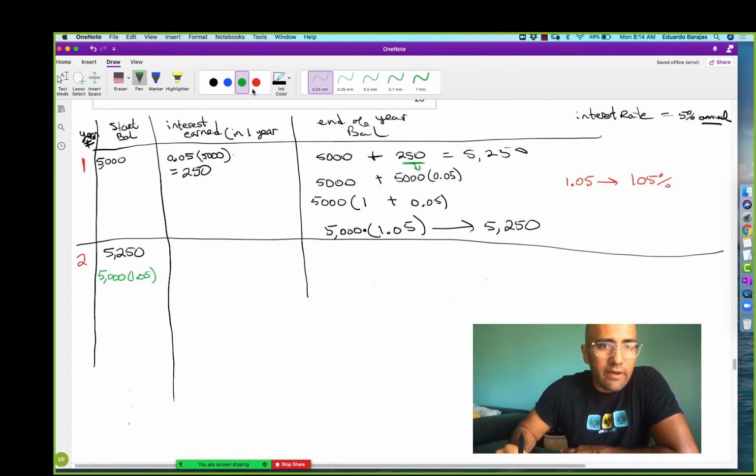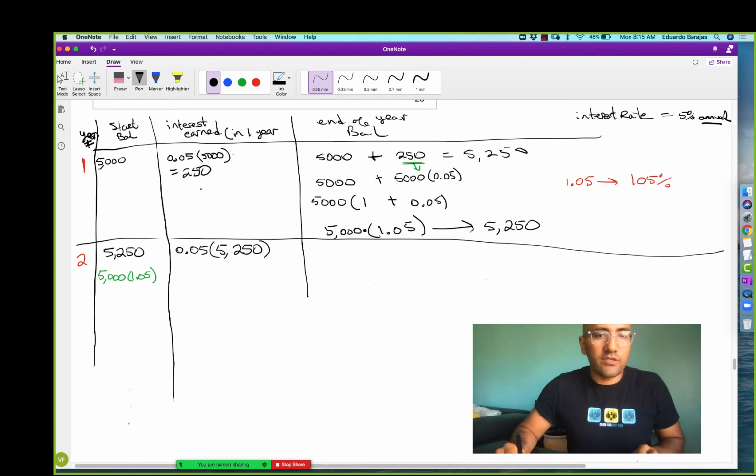We'll keep that in mind for a second, but anyway, it's this amount. So at the end of this new year, you're going to also earn interest. And you're going to earn interest not just on your initial investment, but now you're going to earn interest on the interest you earned at the end of the first year, right? That's the part that's called compound interest.